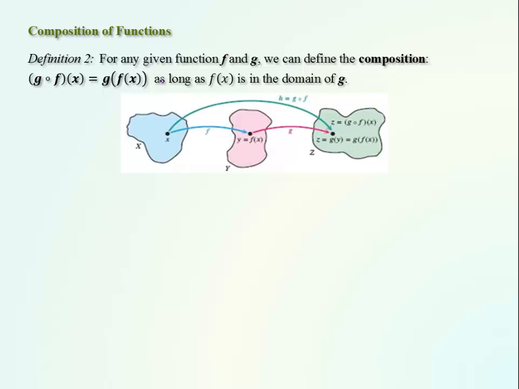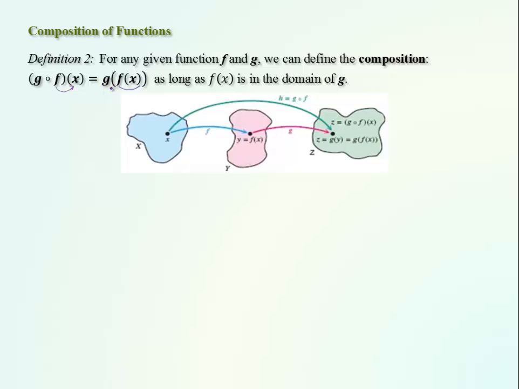So composition of two functions f and g, for example, g composed with f of x, is defined in such a way that f operates first. The function that is written closest to x operates first on x. You end up with the value f of x and then apply the g function to the value f of x, bringing it to the green.